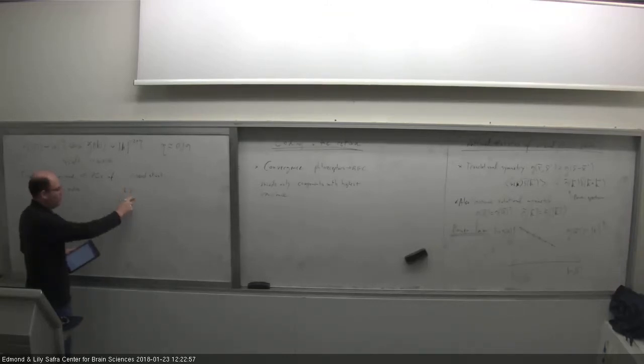Because this thing is independent of the projection of x into directions which are perpendicular to k. So if k is a vector in this direction, we have a function that oscillates in this direction. It does not depend on this direction.